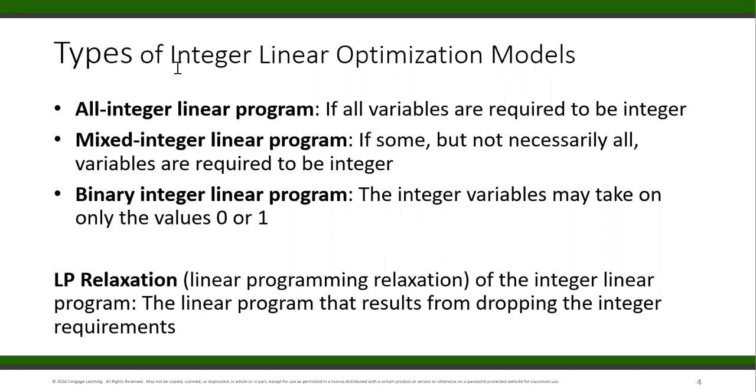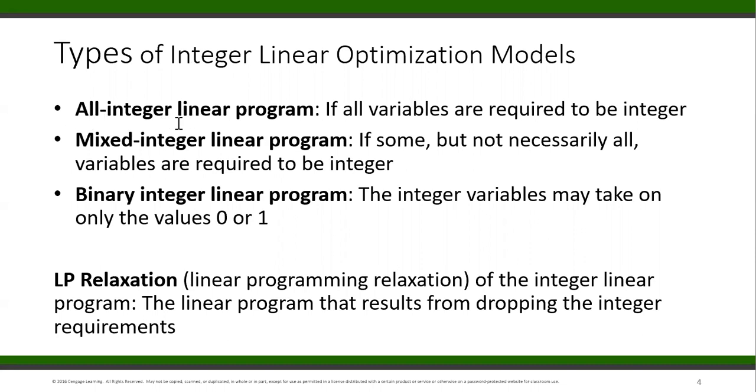But then in integer linear programming models, the ones that we're going to address in this chapter, you have at least one of your decision variables either integer or binary, right? When you have all the variables in your model defined to be integer variables, the whole problem is called an all integer LP.